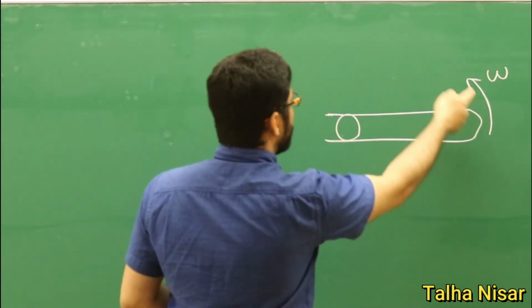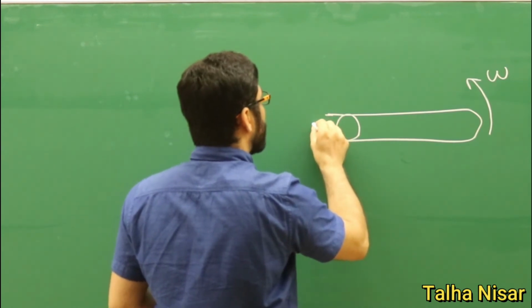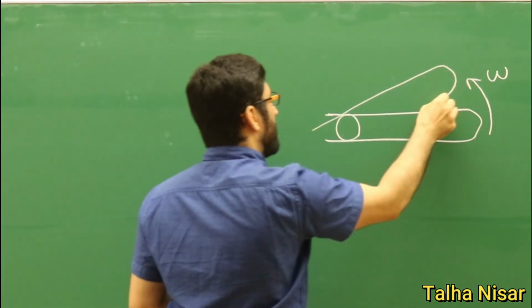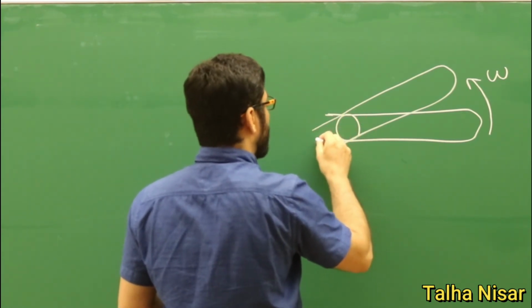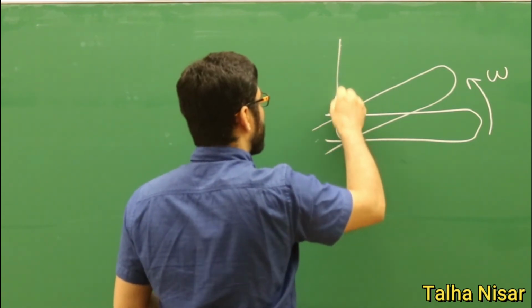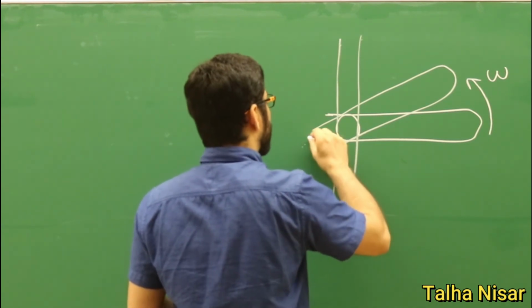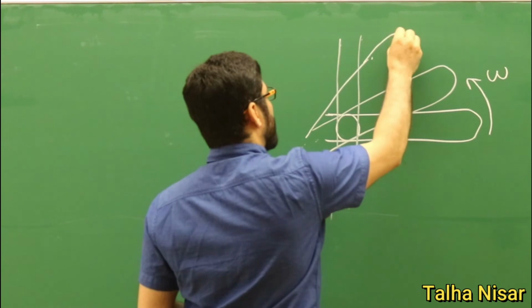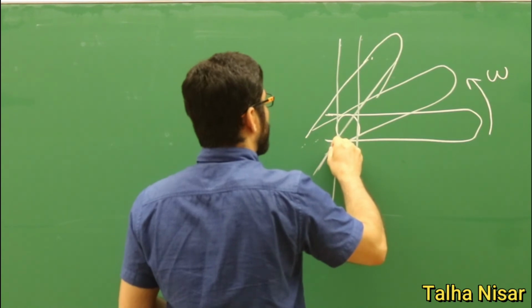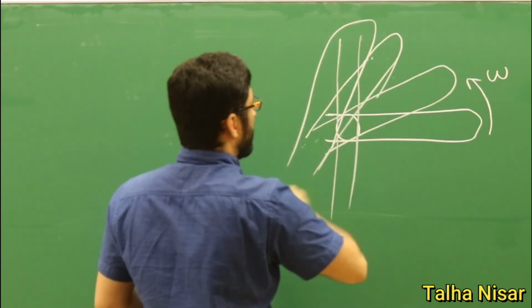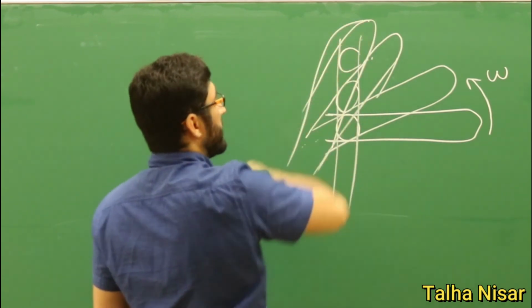So if we rotate this test tube, at the next moment in time the test tube will be here, and at the next moment it will be here. So we can see the marble will move towards the edge, like this.